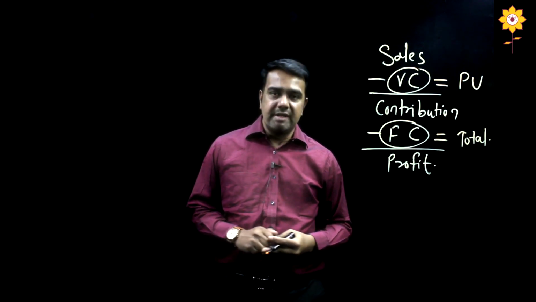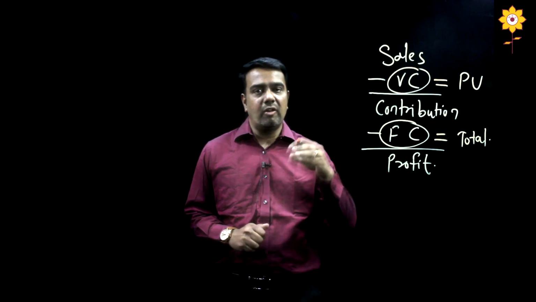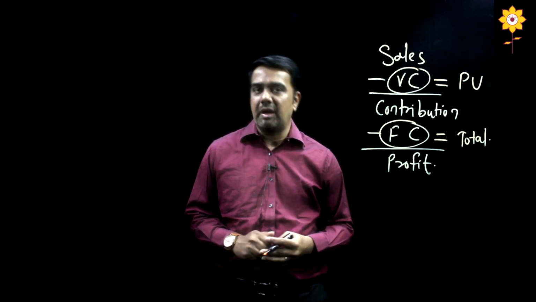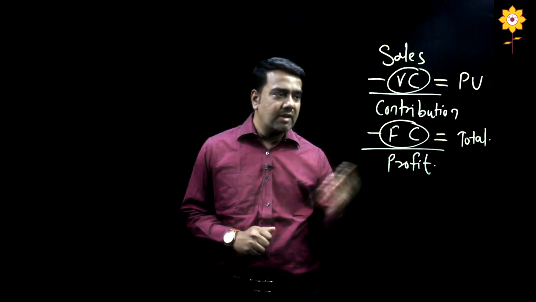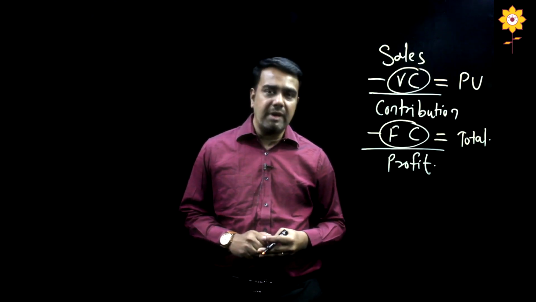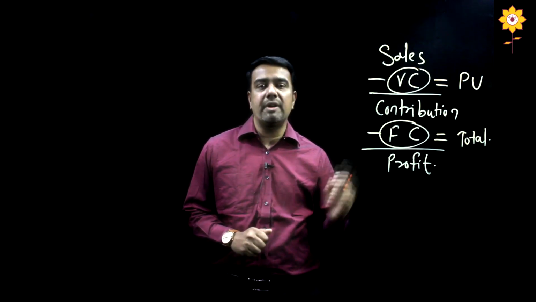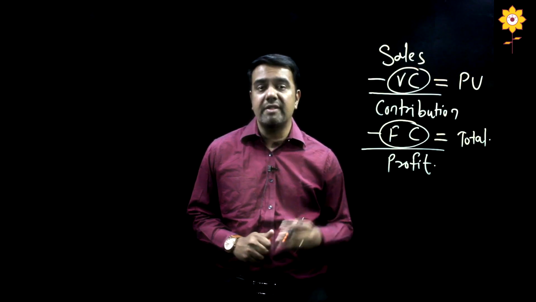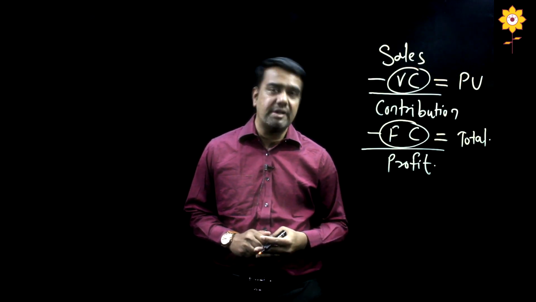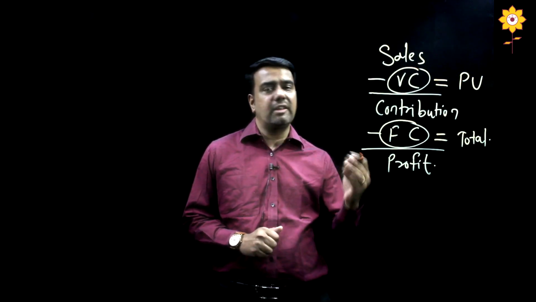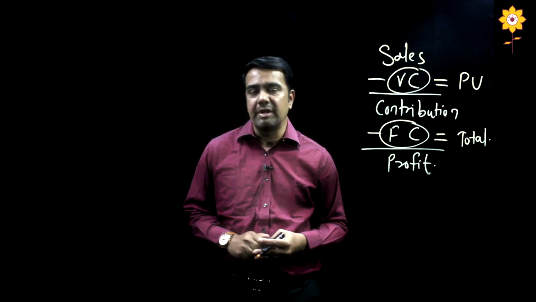Variable cost is incurred depending on how many units you are producing, manufacturing, whereas fixed cost depends on the total period for which it is consumed. It is irrespective of number of units you are producing. It has nothing to do with number of units you are producing.